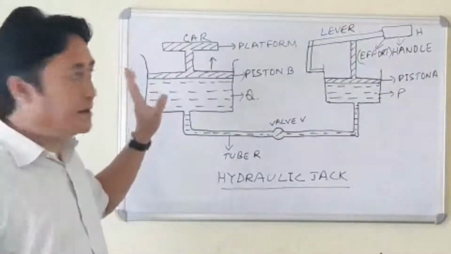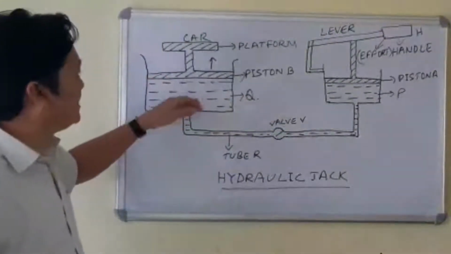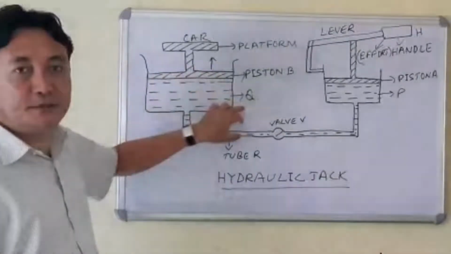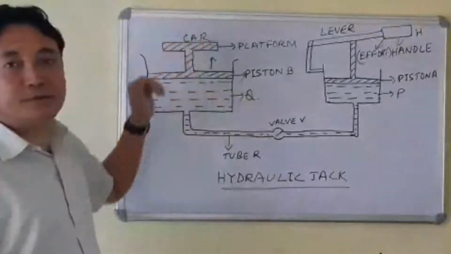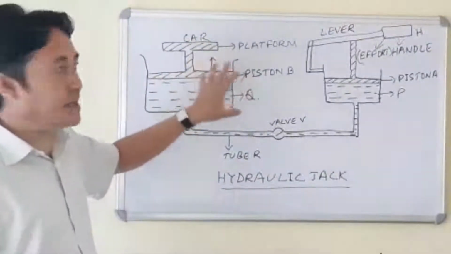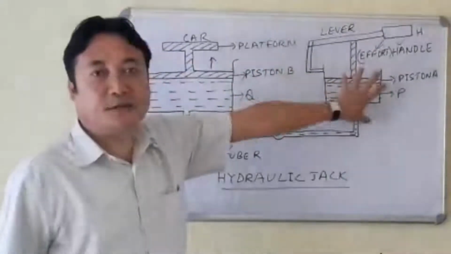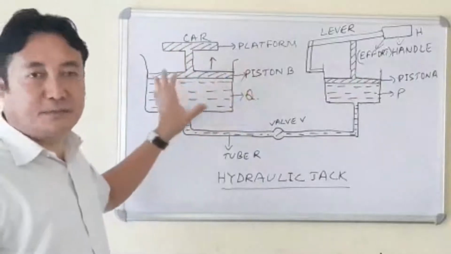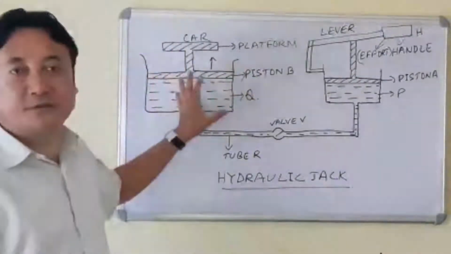Once the water gets collected in the vessel Q, an upward force will be exerted on the piston B. The pressure exerted on the smaller vessel will be transmitted equally and undiminished to the piston B also, according to Pascal's law.